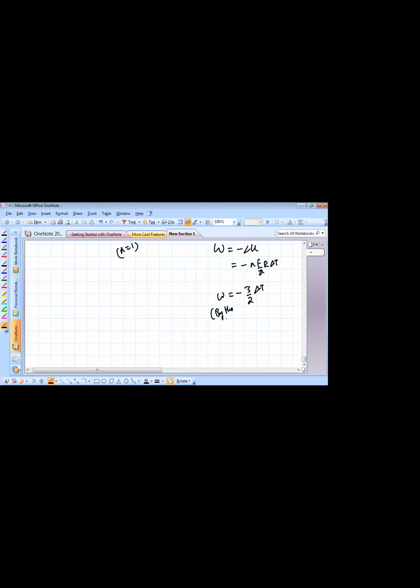And the question has obviously talked about work done on the gas because it's given as a modulus, because n is equal to 1 and all that, and degrees of freedom is 3.